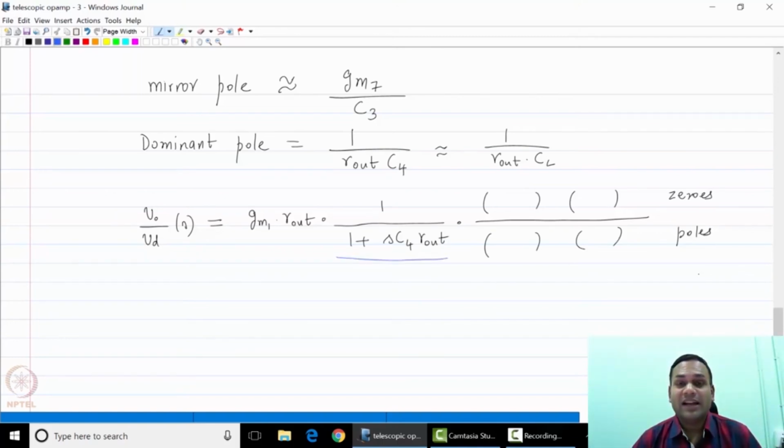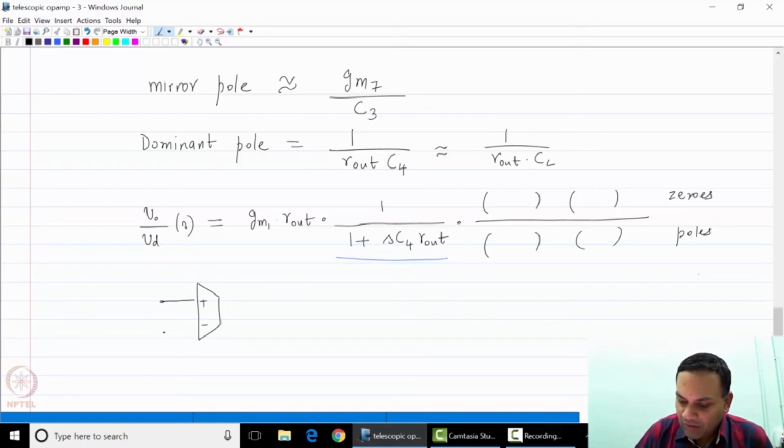And since this is the dominant pole of the system, I would expect that the unity gain frequency of the telescopic op-amp is dominated by this particular number. If you were to have an idealized telescopic op-amp, it should actually be replaced with an OTA.